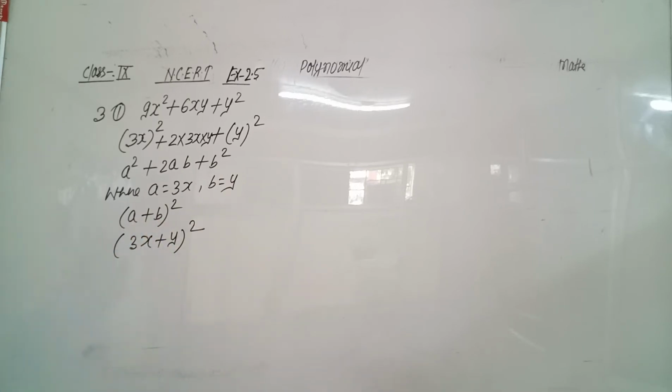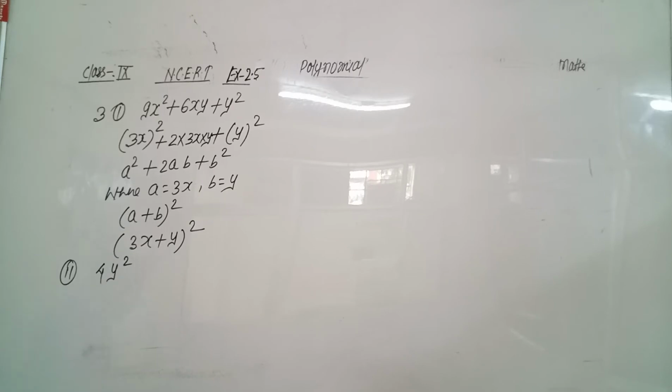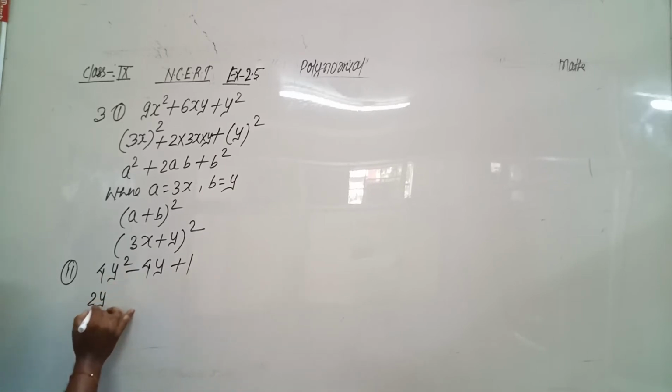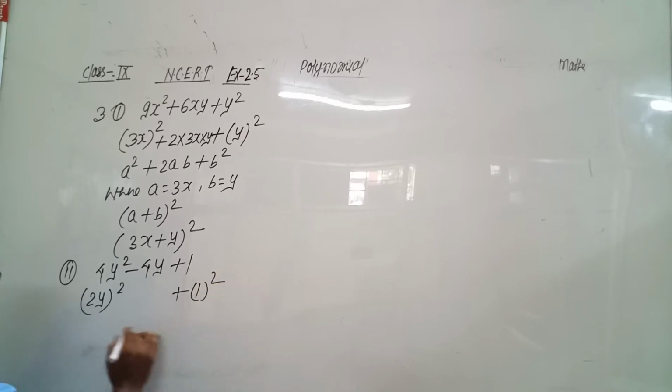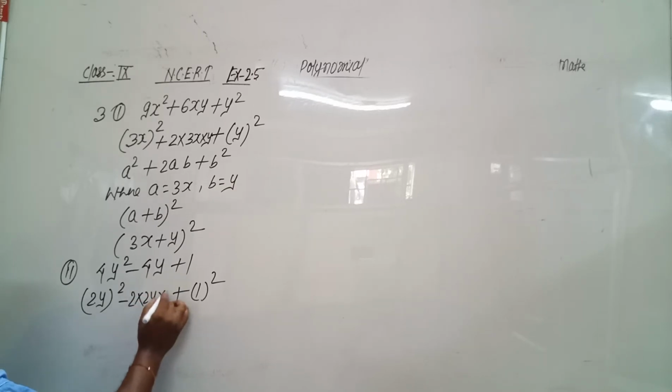The second part is 4y square minus 4y plus 1. So 4y square is written as 2y the whole square, and 1 can be written as 1 the whole square, and for the middle term we use minus 2 into 2y into 1.